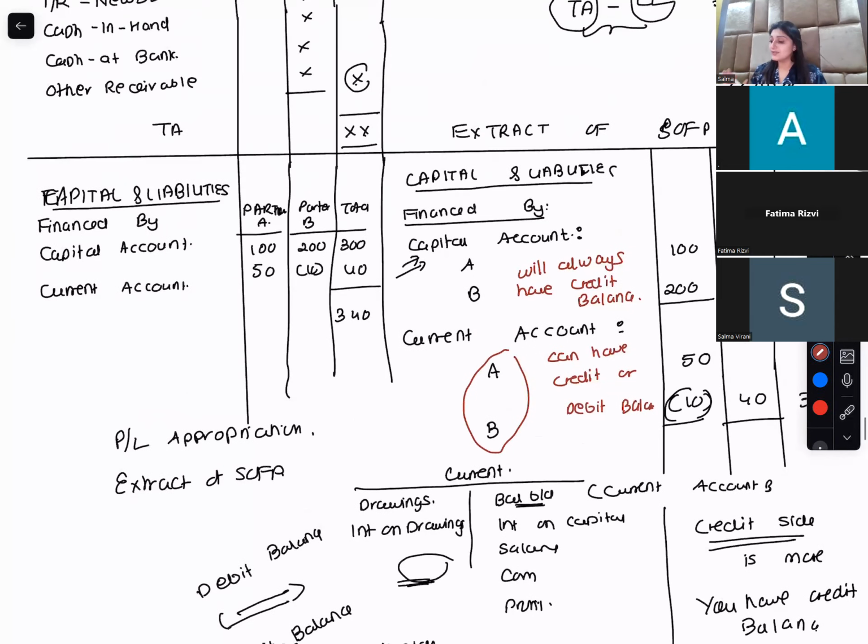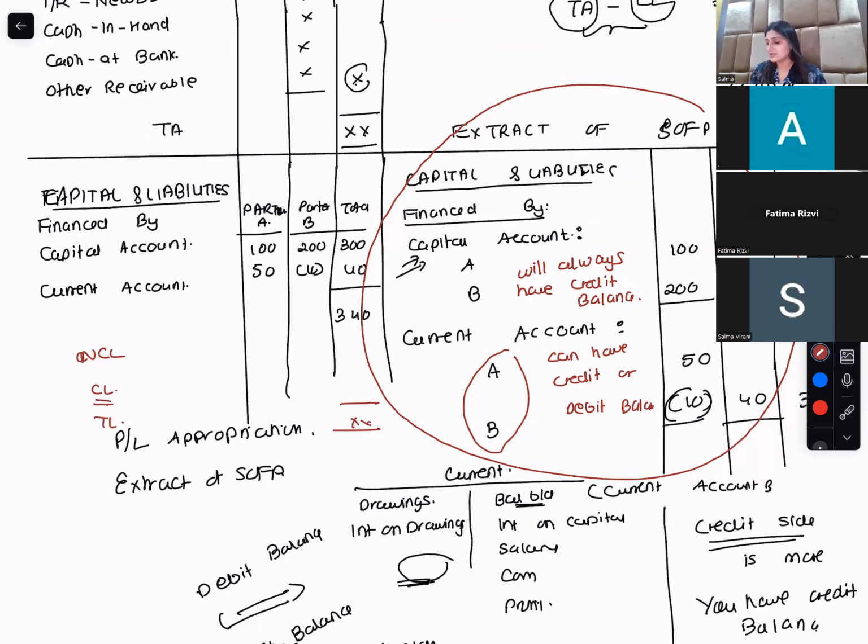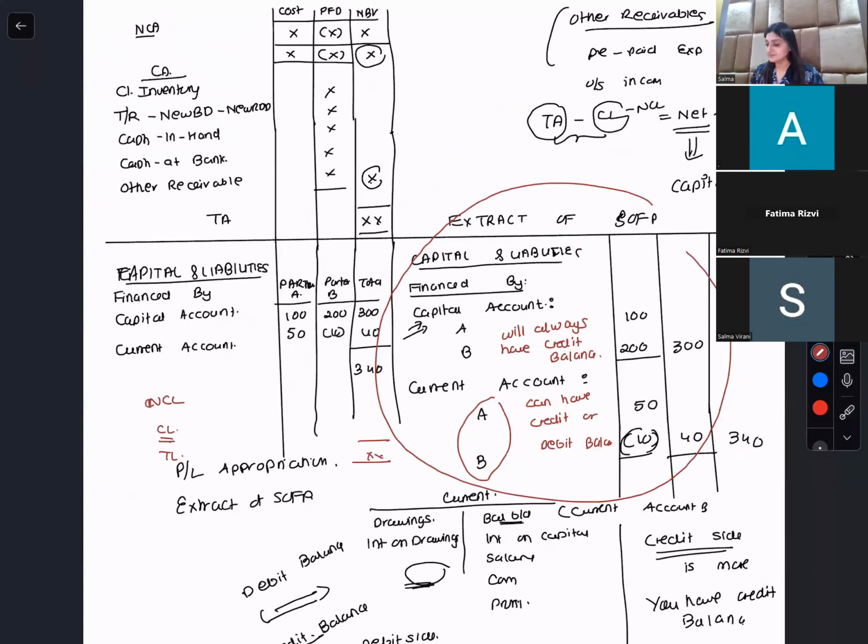So this is the only thing that is different in your extract of statement of financial position. And then you will have your non-current liabilities and current liabilities and total liabilities. Can you tell me what comes in current liabilities?